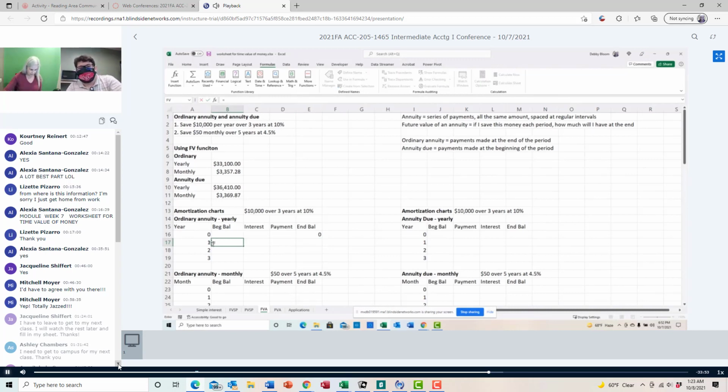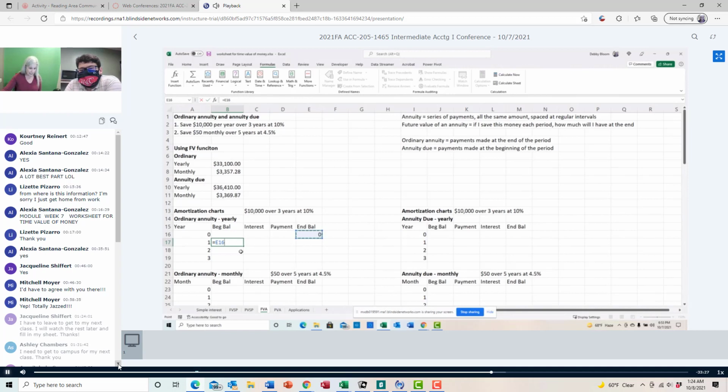Remember, I want you to put the formula here in B17 that whatever the ending balance is the previous period, we start off with that as the beginning balance the next period. So type an equal sign and then click on cell E16, the 0 ending balance.